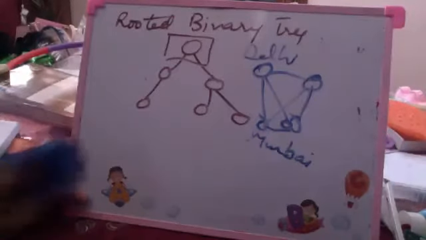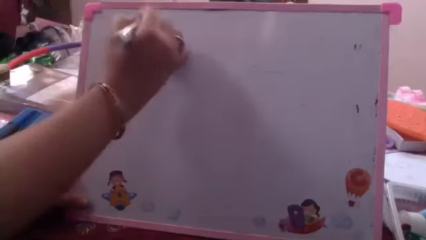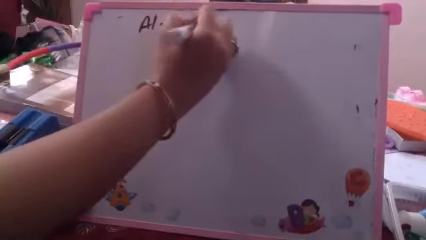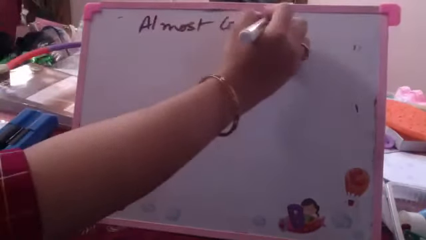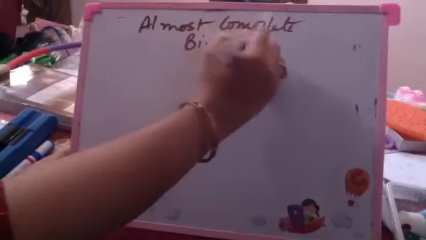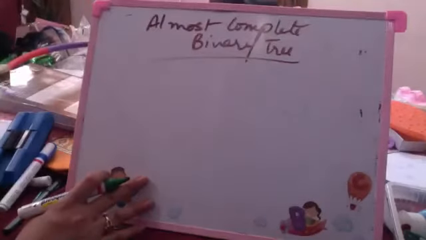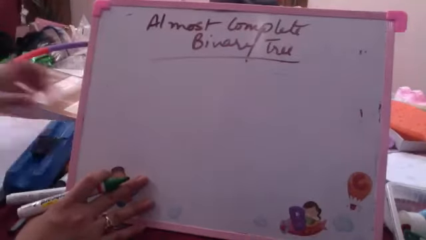Yes, ma'am. Okay, now we come to one more type of binary tree which was left. It was the almost complete binary tree. Now, what I mean by an almost complete binary tree is there are two conditions.